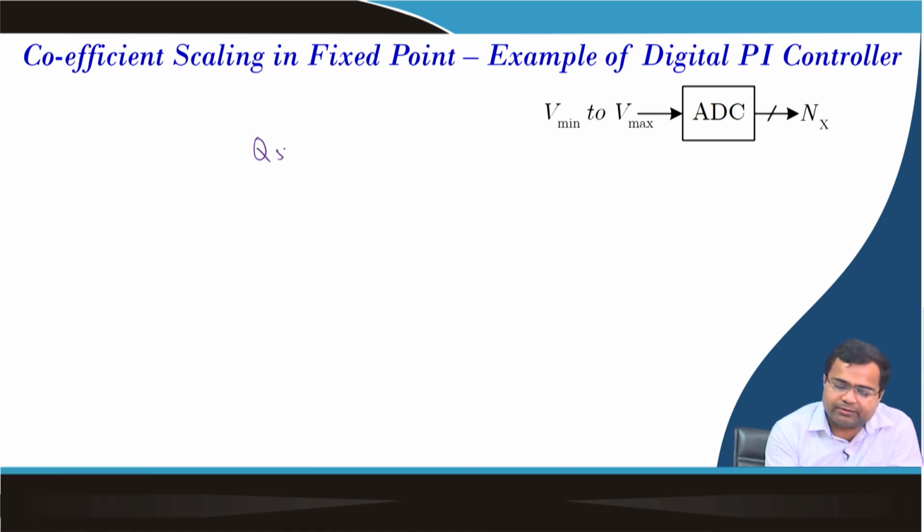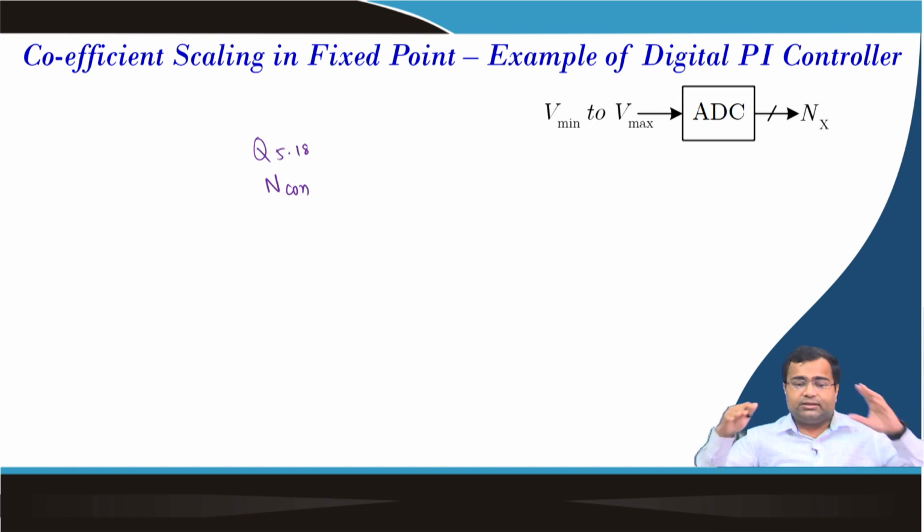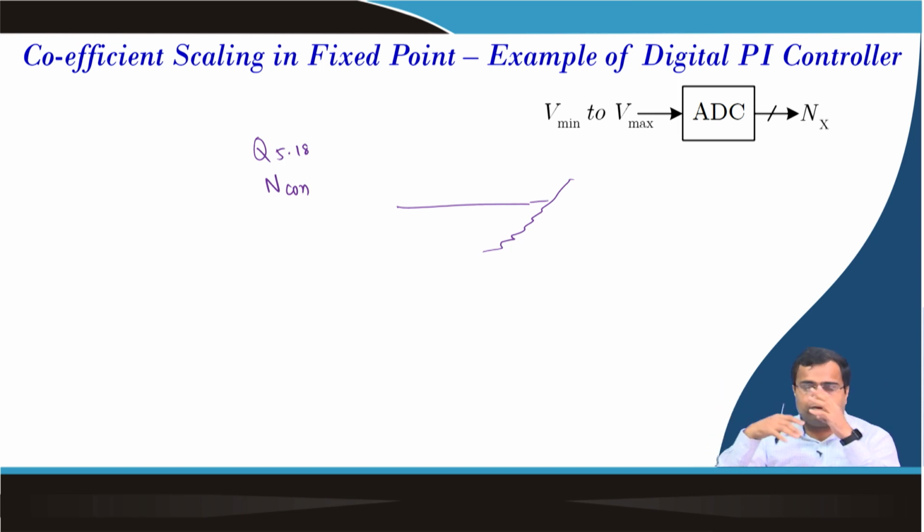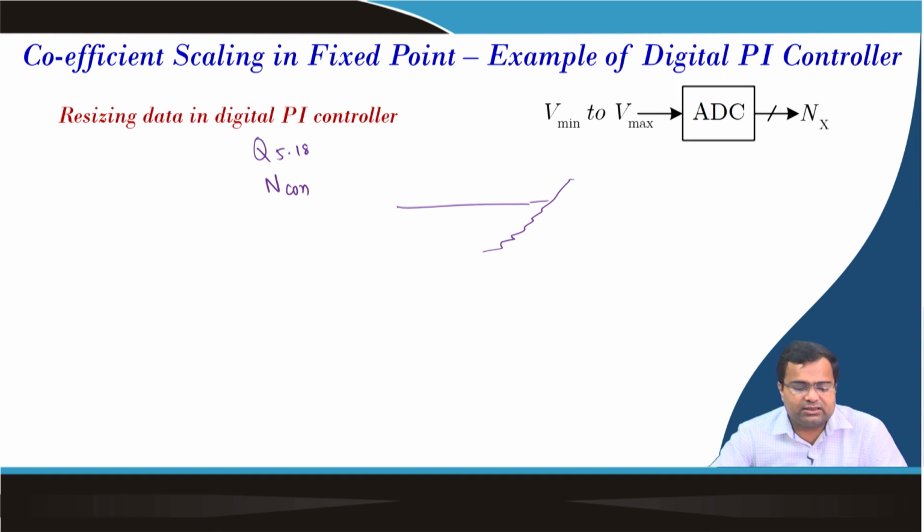We got Q5.18 as the controller nominal, but this may be too large, because this controller output has to be compared with a sawtooth waveform, and we have to check the resolution of the sawtooth waveform. We will go to that point. That means we need further resizing.